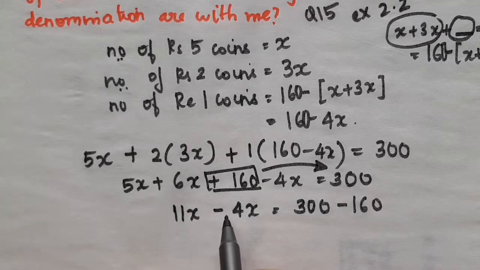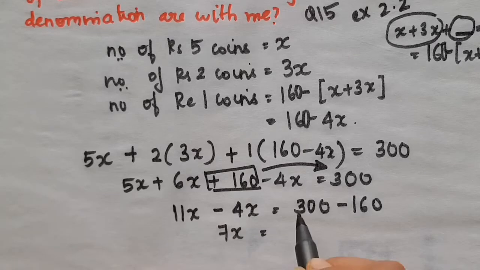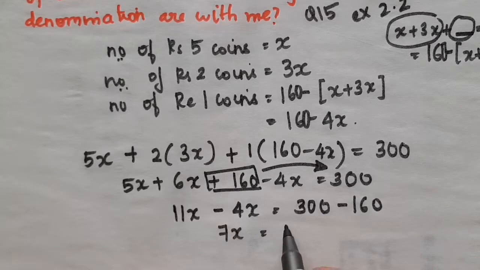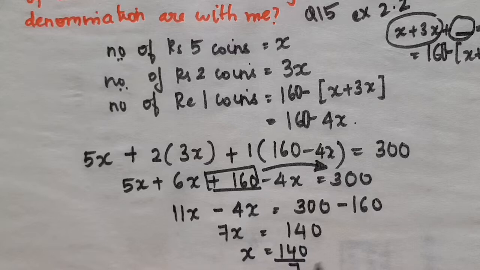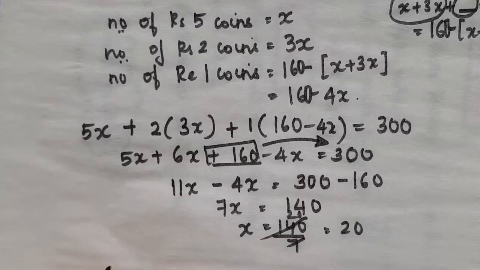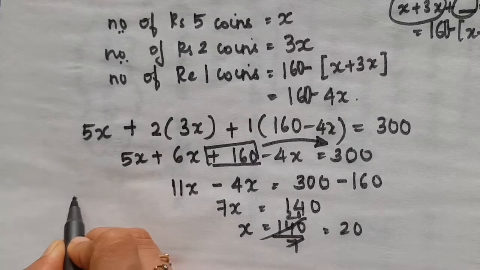Now 11x minus 4x is 7x, is equal to 300 minus 160, which is 140. So x is equal to 140 divided by 7, which is 20. 7 2s are 14, balance 20. So we got x is equal to 20.